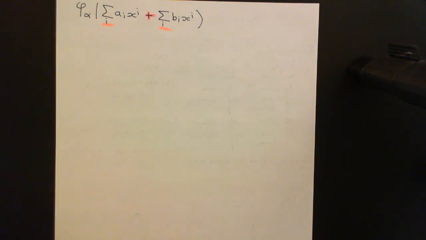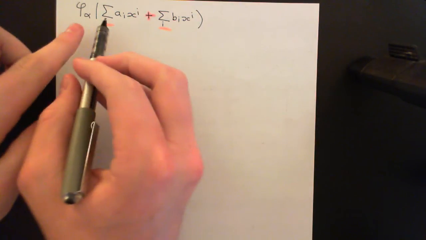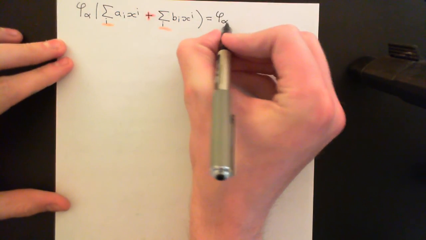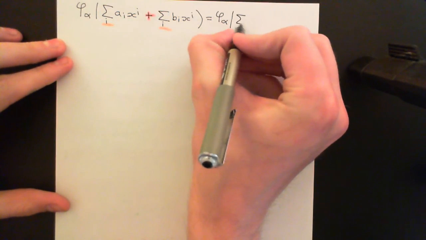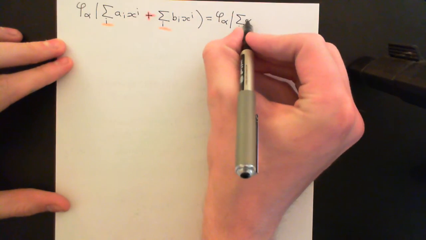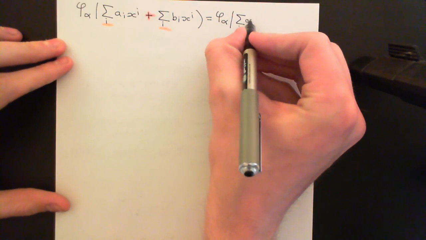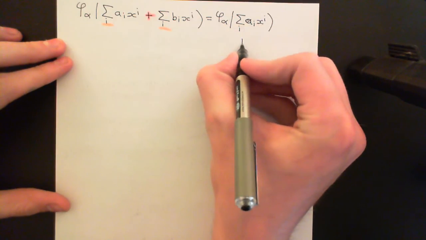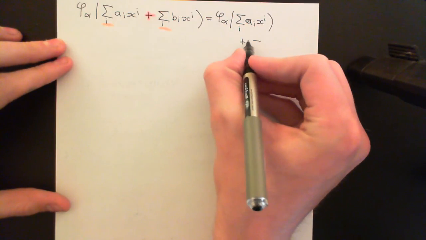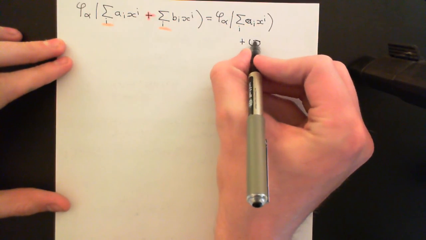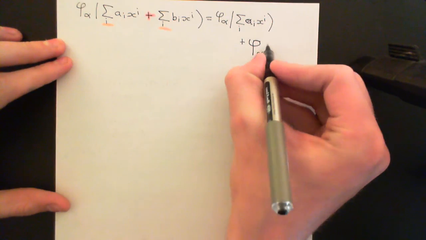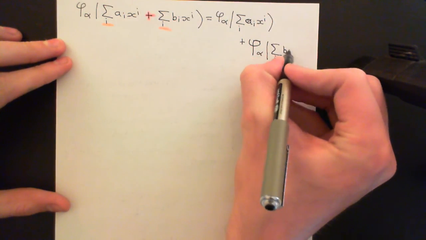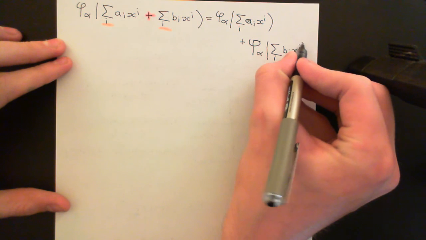Now what we want to prove is that this is equal to phi sub alpha of the first polynomial, the sum over i of a_i x^i, plus phi sub alpha of the polynomial, the sum over i of b_i x to the i, like so.